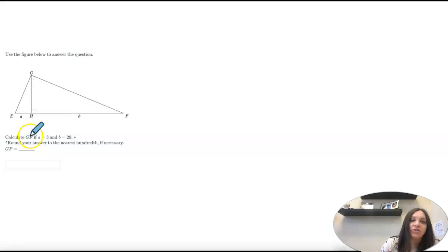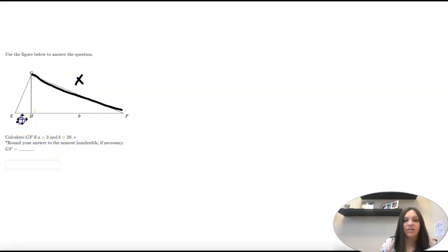So calculate G to F. So now we're trying to find this side. If A is 3 and B is 29. So remember, to have similar triangles, we need to use 2. So I'm definitely going to use this one because I have 2 sides, right?